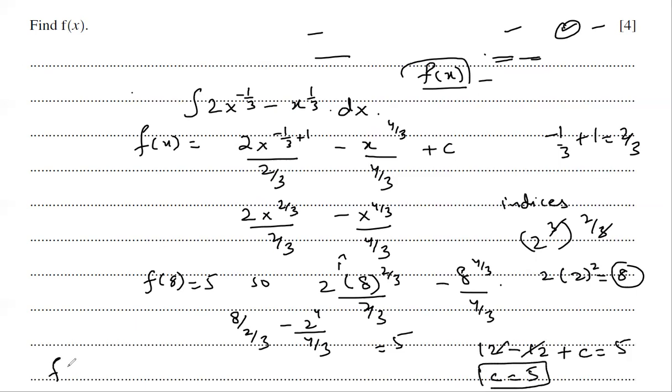So our f of x finally has become 3x power 2 upon 3 minus 3 upon 4 x power 4 upon 3 plus 5. This is our final answer.